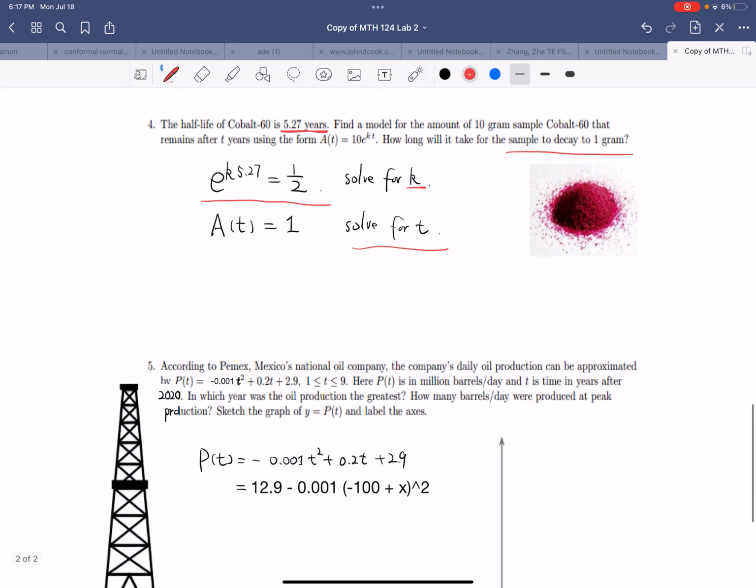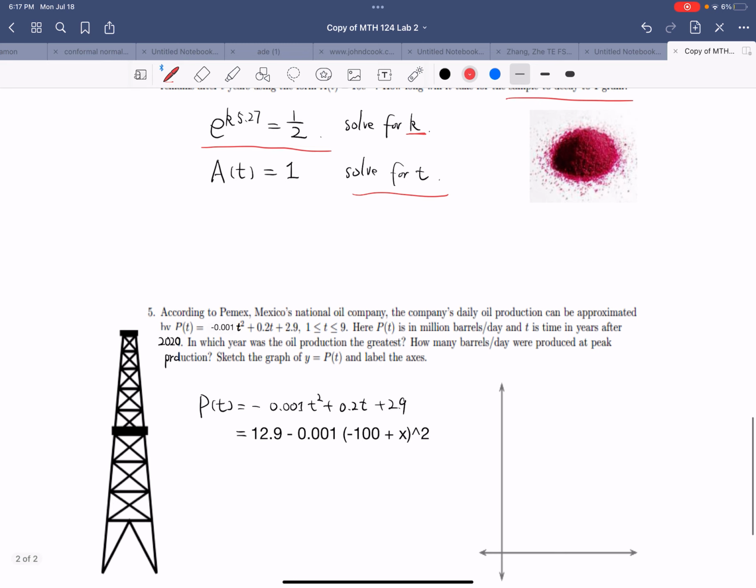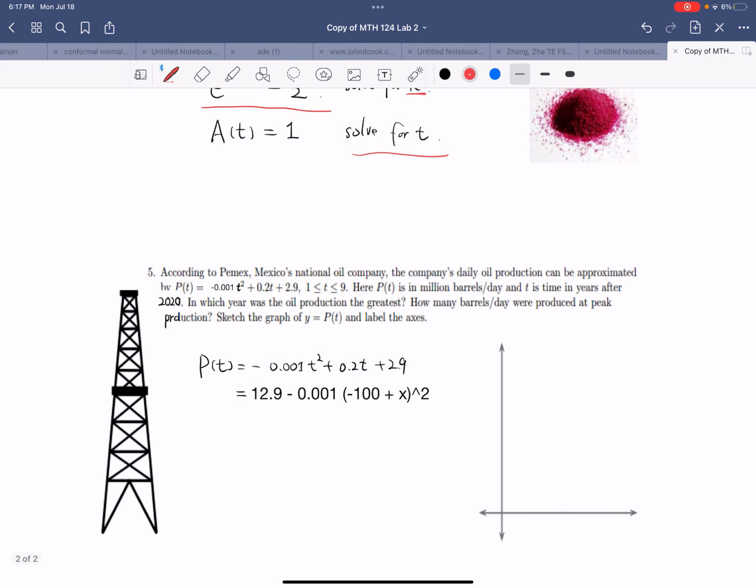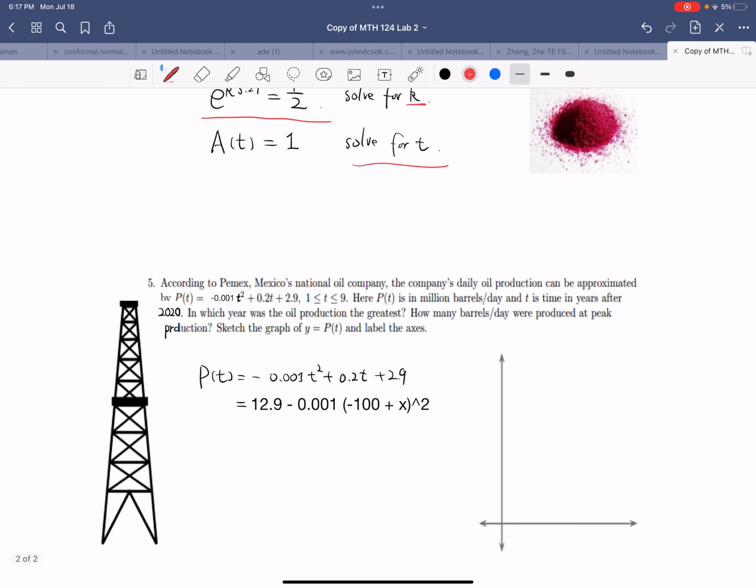Okay, that's question 4. And question 5 is a quadratic model. In which year was the oil production the greatest? The question is to find the maximum point.